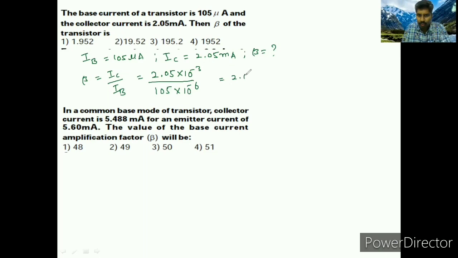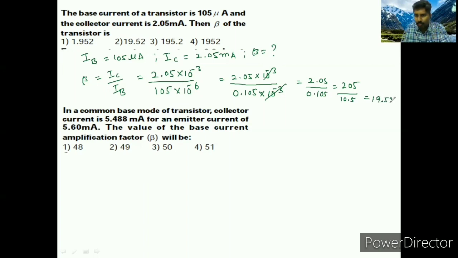Here 2.05 into 10 to the power of minus 3 by 0.105 into 10 to the power of minus 3. These two will cancel. We can get 2.05 by 0.105. So I will write 205 by 10.5. We can get the value 19.52. So the second option is the correct one.